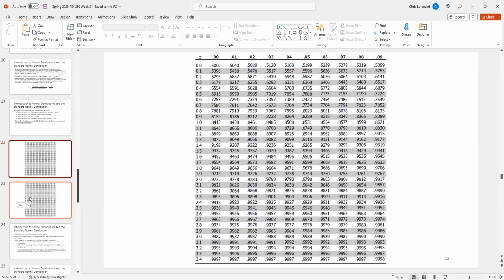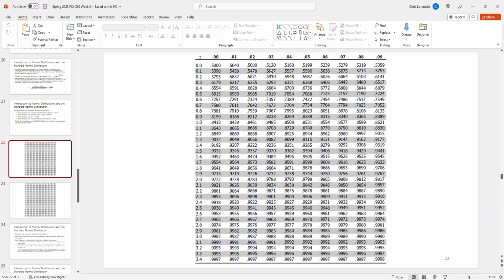So we have this Z table right here. And what this Z table represents is I have my Z score. First two digits fall on the very left. Third digit of the number falls on top. So for example, if I was looking at the Z score of 1.25, I would come down this left-hand column down to 1.2, and then I would move across until I got to the 0.05.